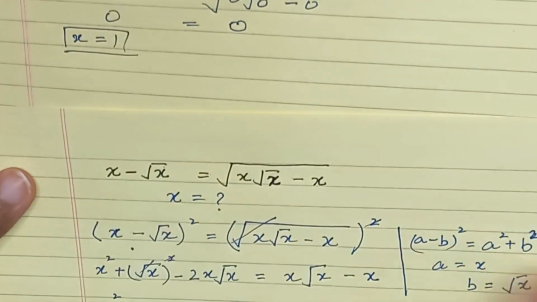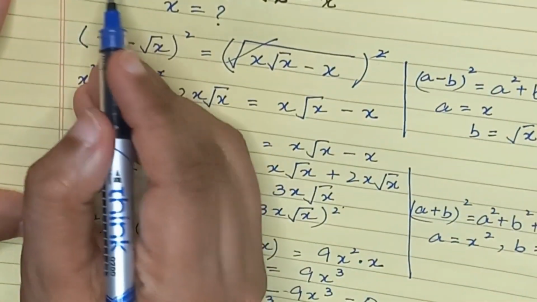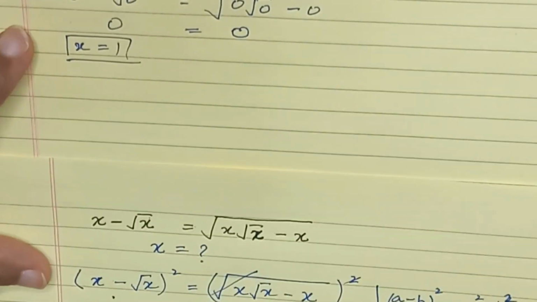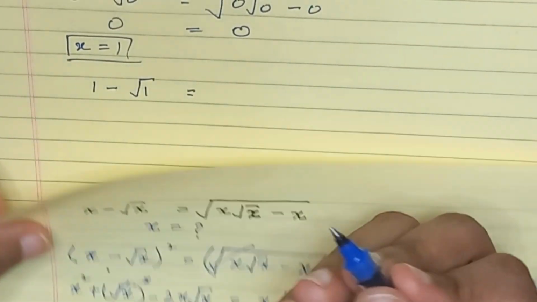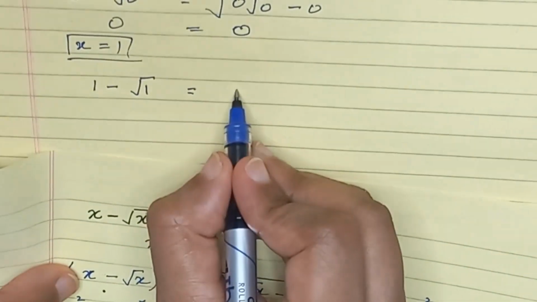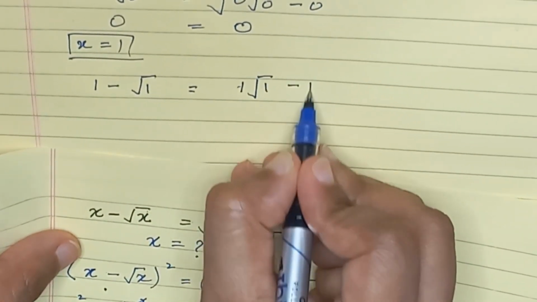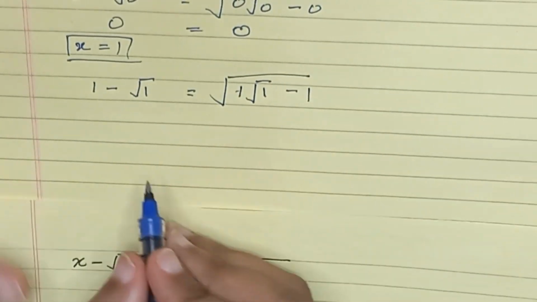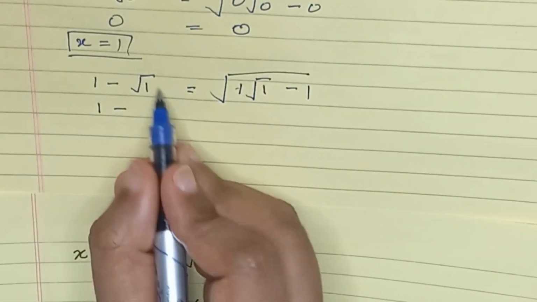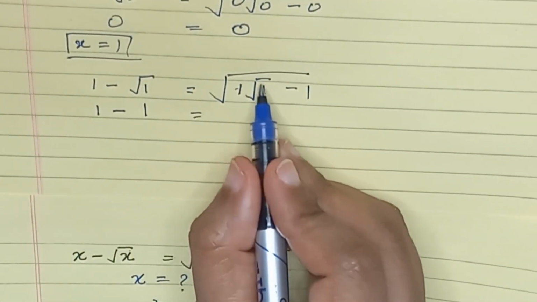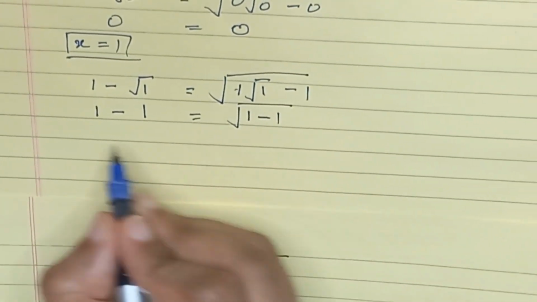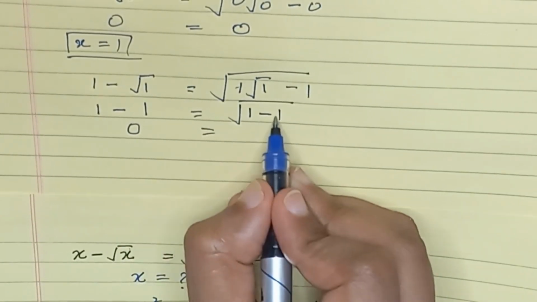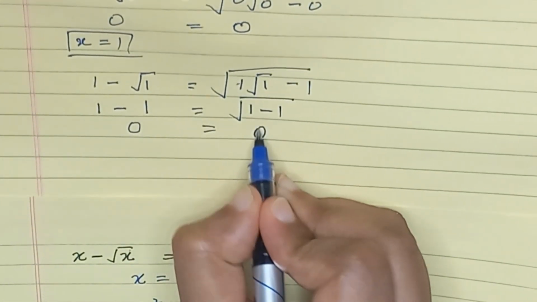For x is equal to 1, it will become 1 minus square root of 1, which is equal to the square root of 1 into square root of 1 minus 1. Square root of 1 is 1, so 1 minus 1 is 0 on the left, and on the right 1 times 1 minus 1 is 0, and the square root of 0 is also equal to 0.